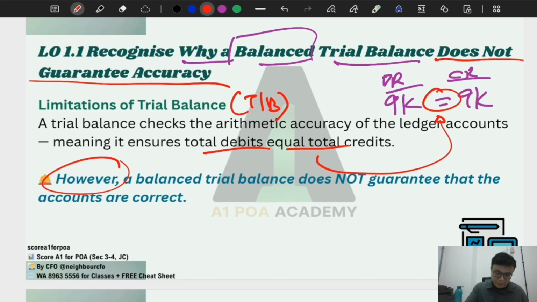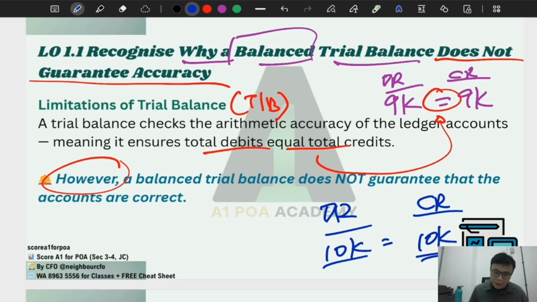For example, if the answer at the end of the day is debit 10K, credit 10K, but the student ended up deriving total debit balances of 9K equal to total credit of 9K, this will be wrong. In terms of the magnitude of how wrong it can be, it is very difficult to quantify.